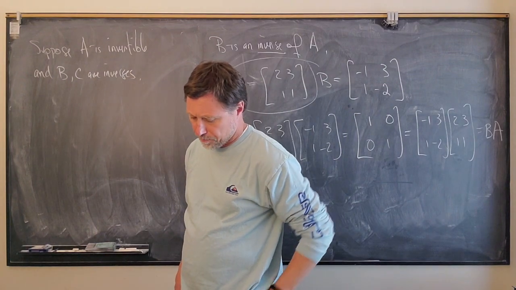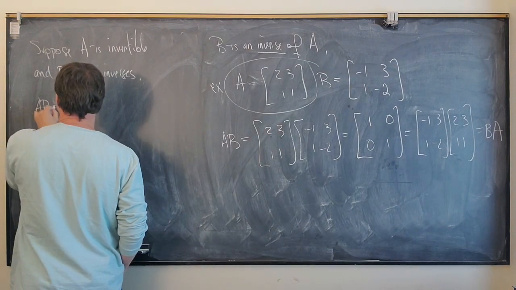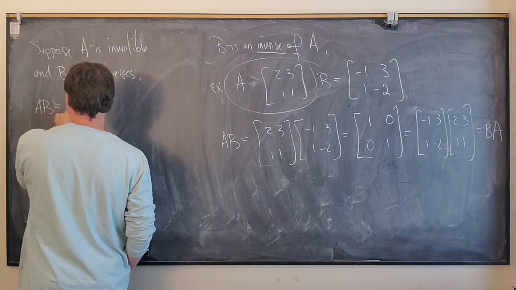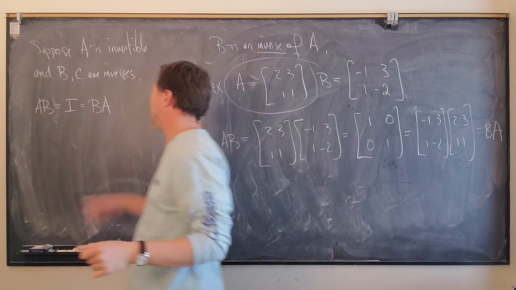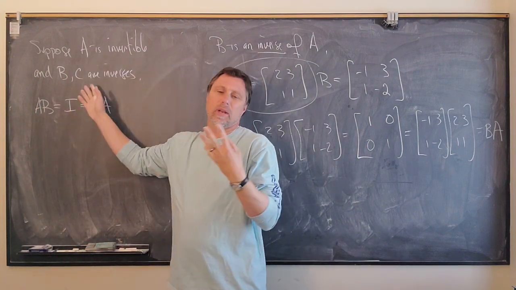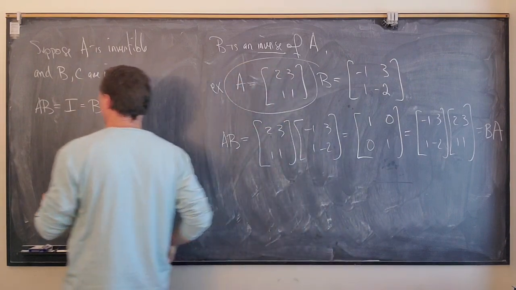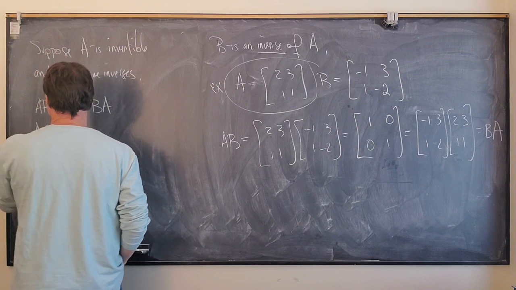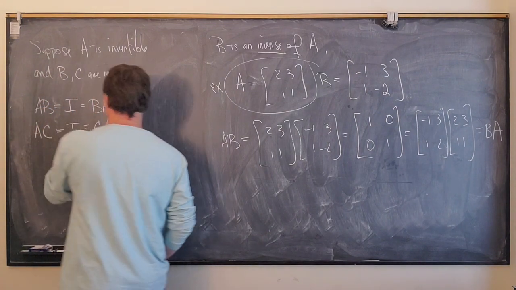Well, that means that AB is equal to the identity matrix, which is equal to B times A. I don't need to put an I sub n here. It's whatever the dimension is. And it also means that A times C is equal to the identity, which equals C times A.